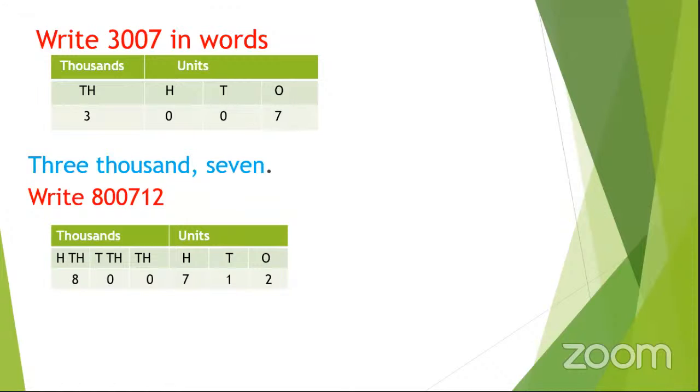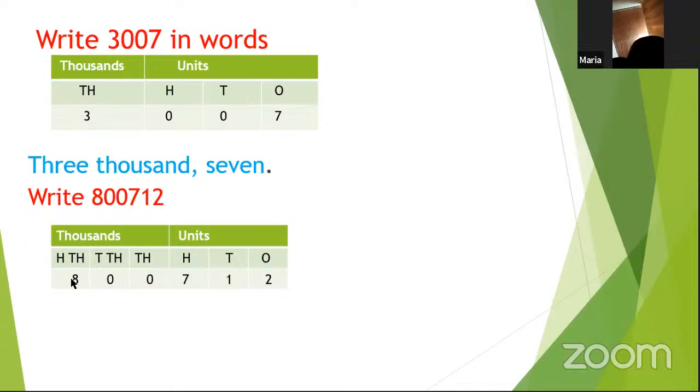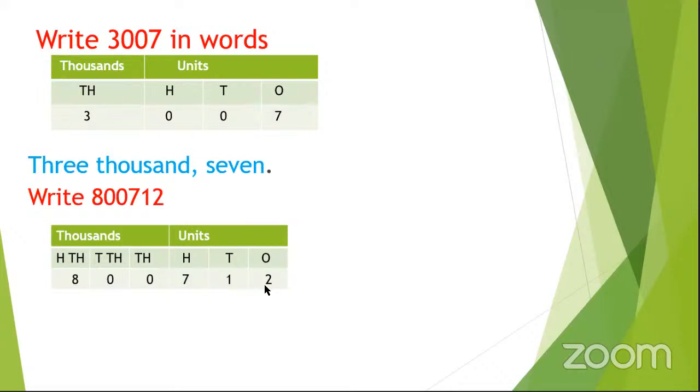Okay, you've fairly tried. So we have these zeros here, and we've said that all the digits under thousands, we have 8, zero, and we've said that 800,712.